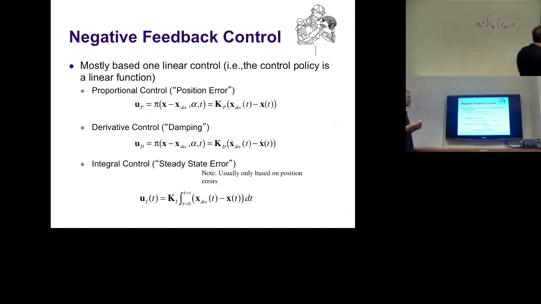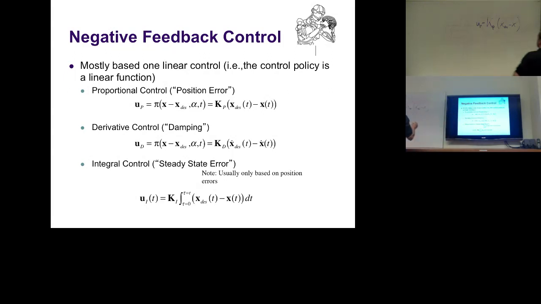And obviously, all these variables depend on time. They change over time. And importantly, this is right now just referring to positions, not velocities. We'll see velocities in a second. These equations are written as vector equations. That means if this is a vector equation, then Kp cannot be a scalar multiplier. Well, it could be, but it's usually a gain matrix.